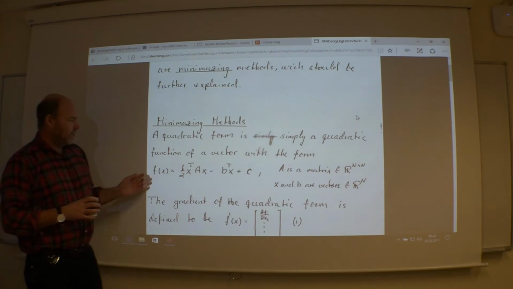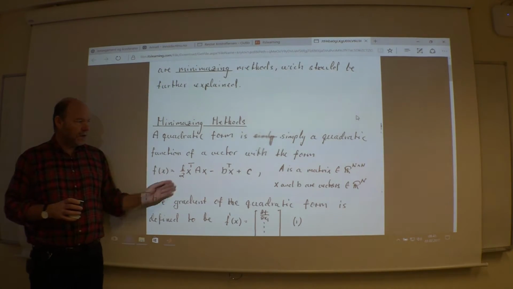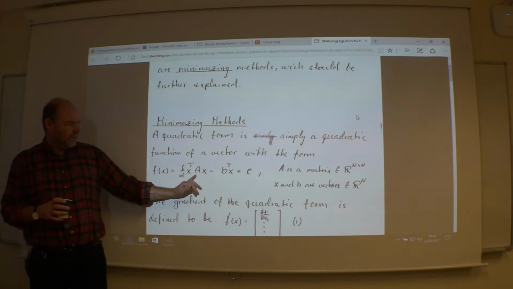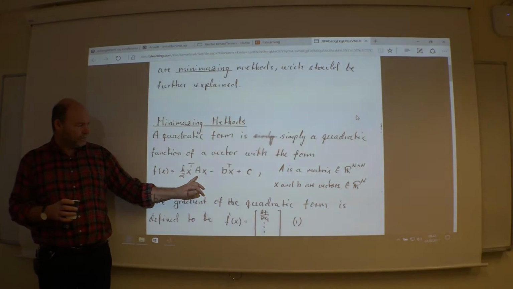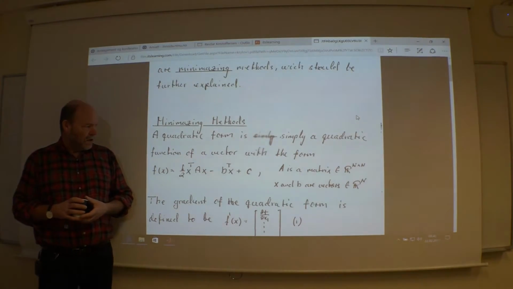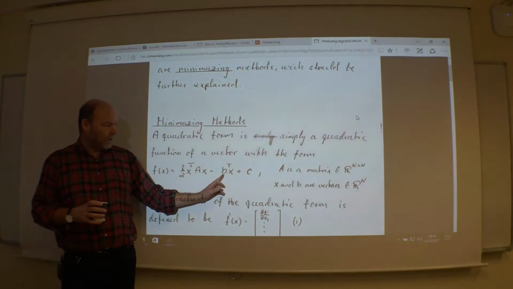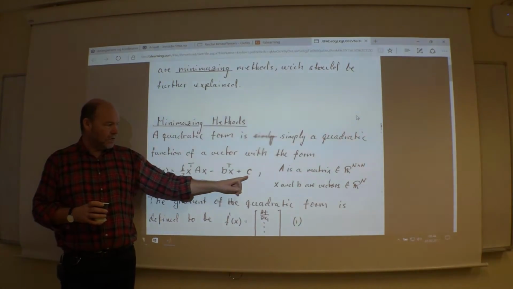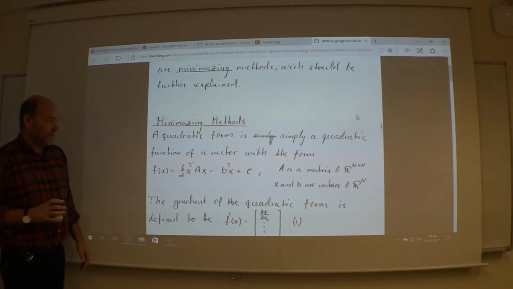So we construct a function looking something like this: A being our coefficient matrix, x the vector of our unknowns, and b the right-hand side of our equation system. C here is just an arbitrary constant.